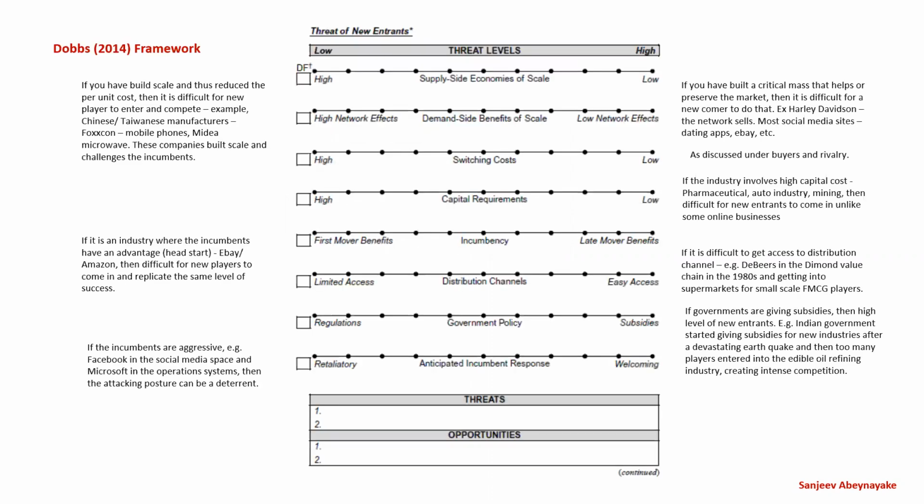So first we will look at threat of new entrants. Dobbs identified altogether 8 factors that can contribute to the degree of threat of a new entrant. So the idea is for each of these variables, you are expected to mark which side, how do you assess the degree of force.